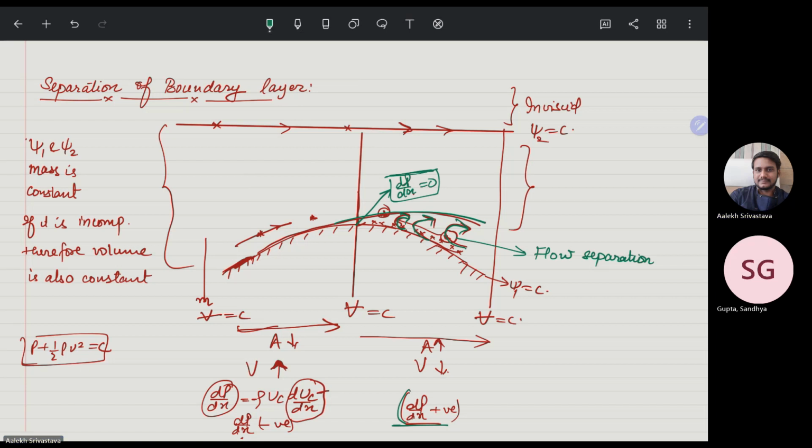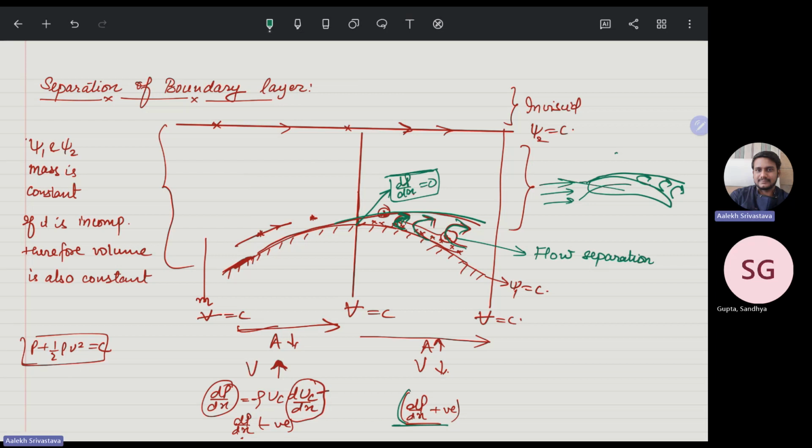Now this mostly happens if you have an aerofoil shape at a certain angle of attack. After this region the flow will separate and form vortices behind the surface. So because of the vortices, there is a large drag because of the pressure drop.